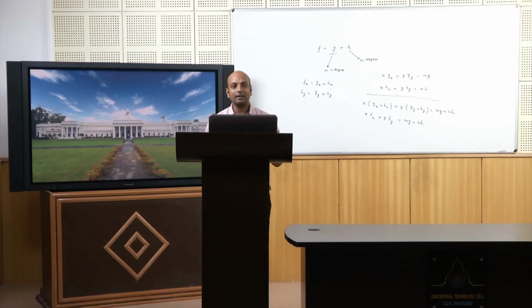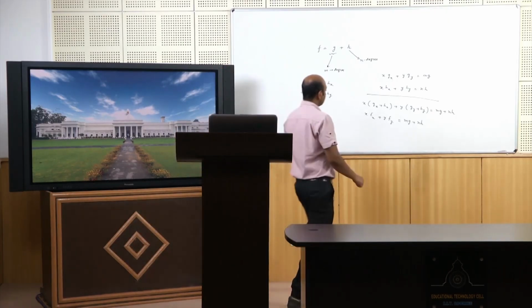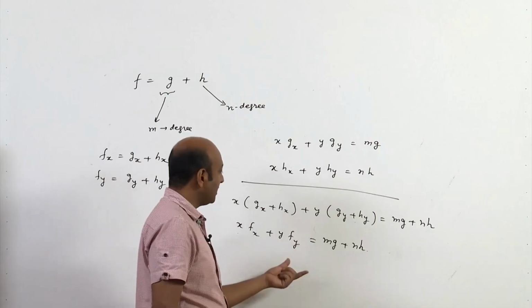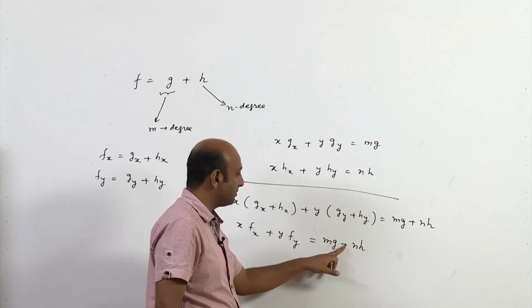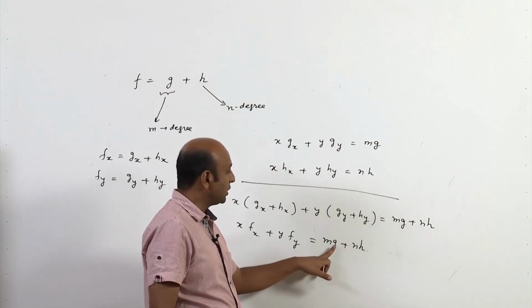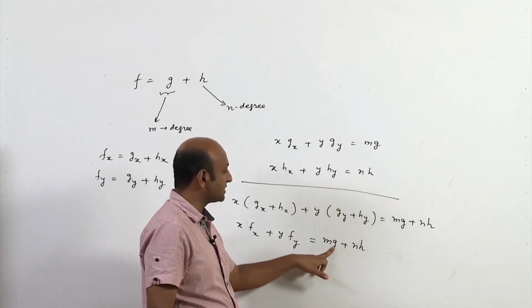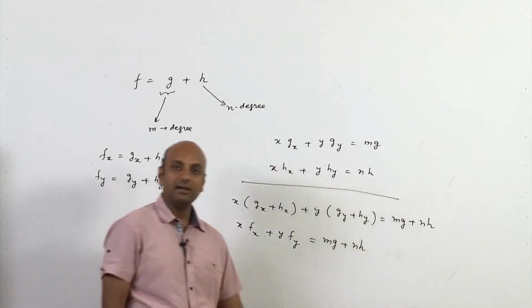Suppose a function can be expressed as a sum of two homogeneous functions of different degree, then x fx plus y fy is equal to mg plus nh, where the degree of g is m and the degree of h is n.